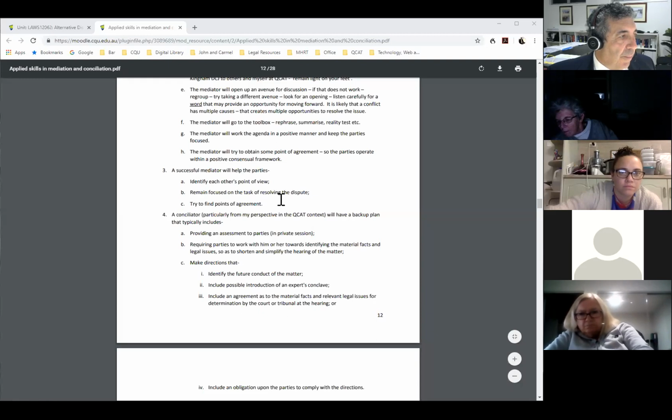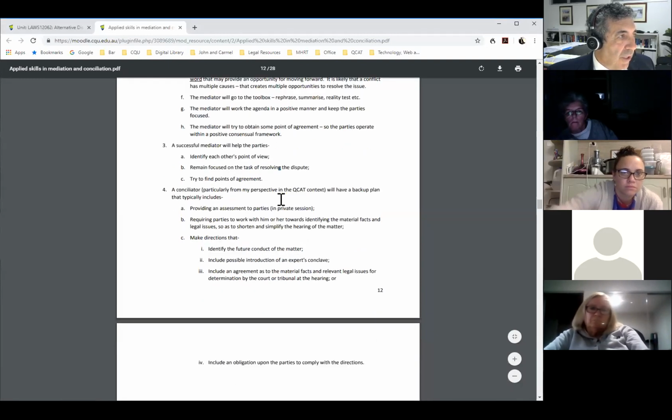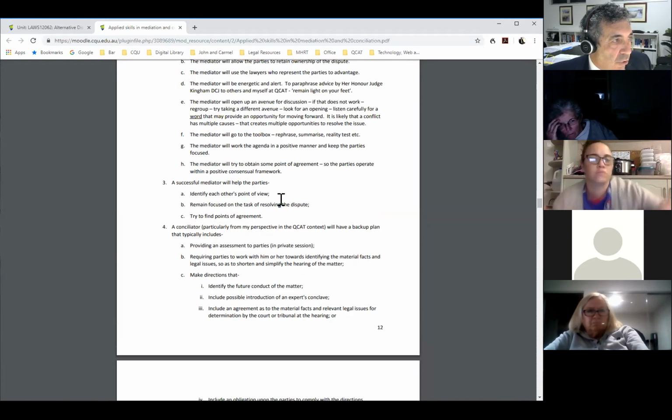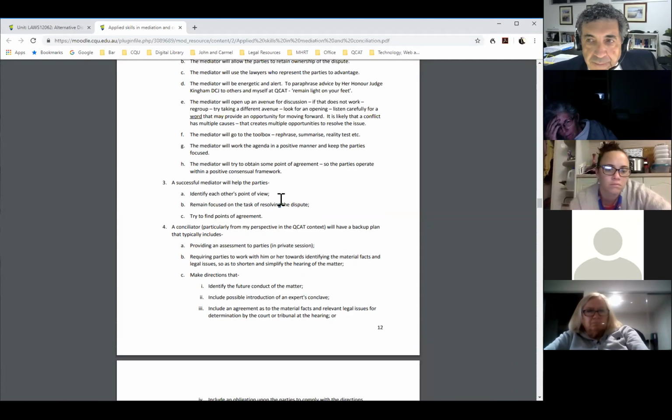So when you're mediating, what you're looking to do is come up with different ways of moving forward. You'll need to go to your toolbox. You'll need to learn how to rephrase or to summarize or to reality test. And ideally, these are the sort of things that you can showcase in your assessment.